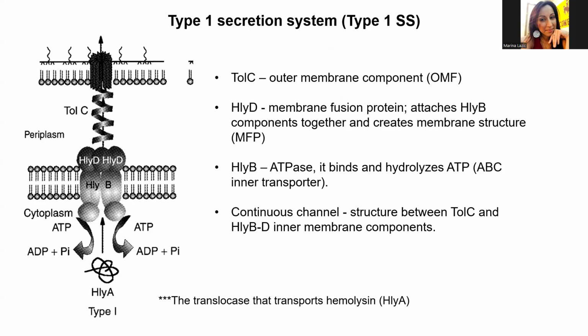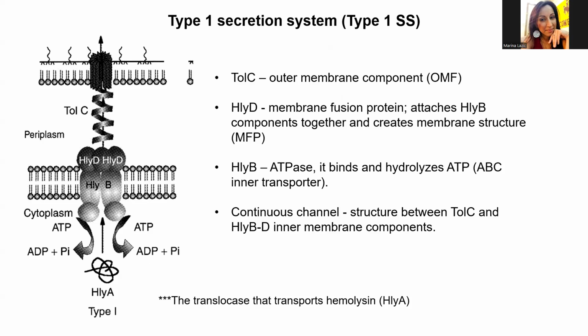Then you will have the membrane fusion protein, which will literally be like a connective linker between B and TolC, which is in the outer membrane. And the transport is, as you can imagine, ATP dependent.